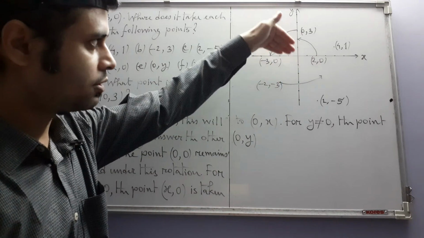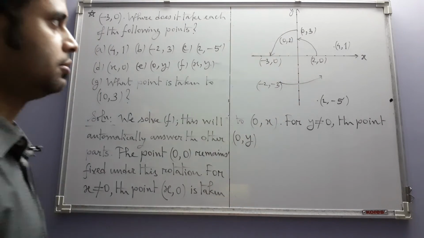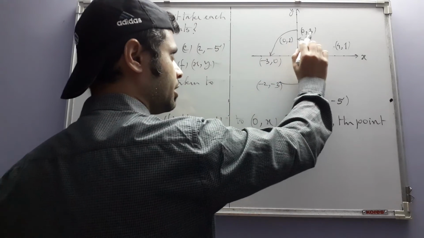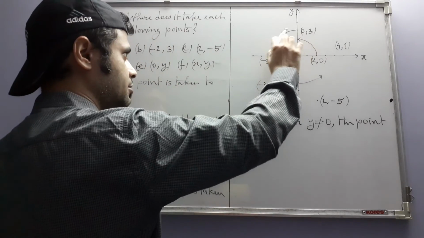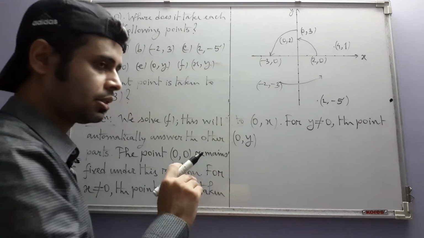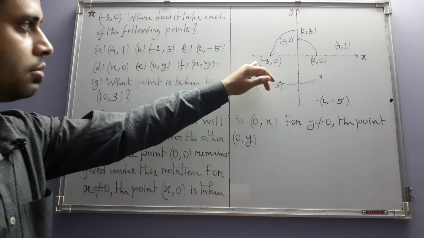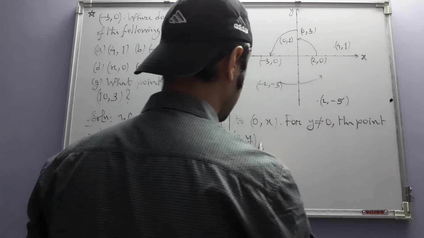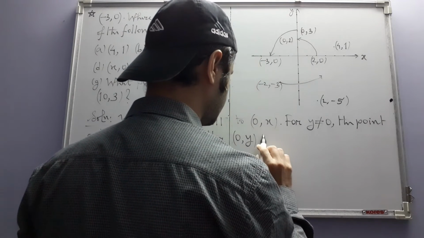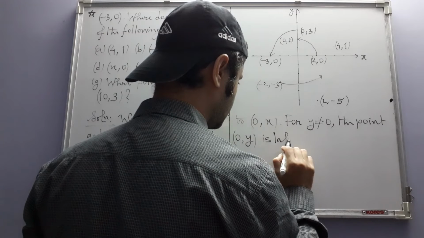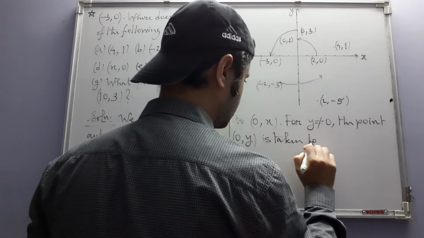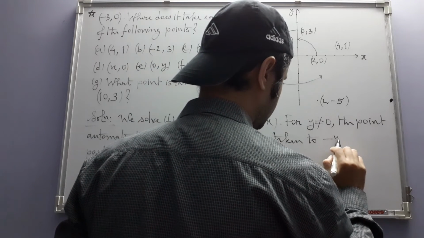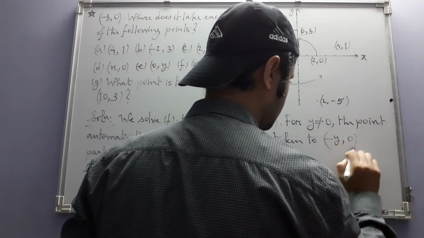Either it is above the origin or it is below the origin. If it is above the origin like 0 comma 3, then that is changed to the point minus 3 comma 0. So the point is taken to minus y comma 0.